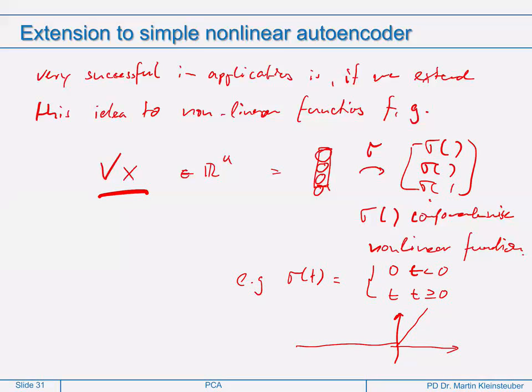So that means that you come up with an optimization problem: I want to minimize over the matrices V and W the sum of xi minus W sigma V of x, squared.